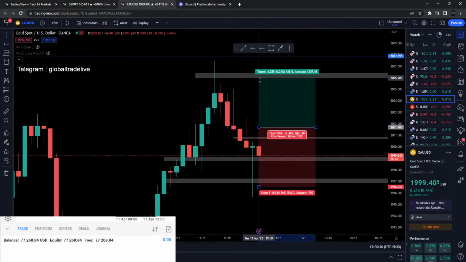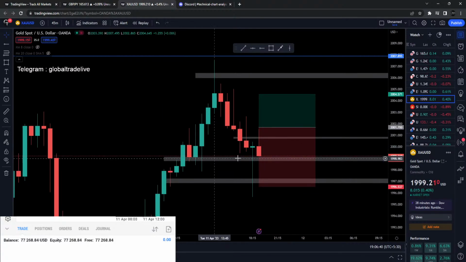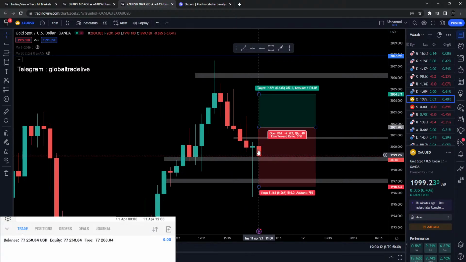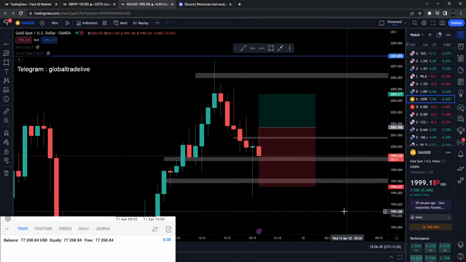My target will be somewhere up over here, like 28 something pips. And if it now reverses back and breaks its own high again, that will be the point I can really try taking a buy. Let me just open my terminal over here.